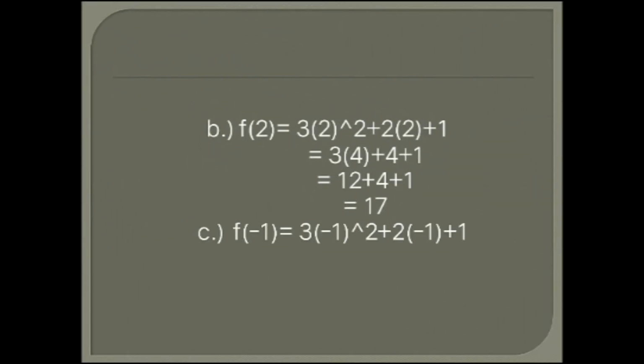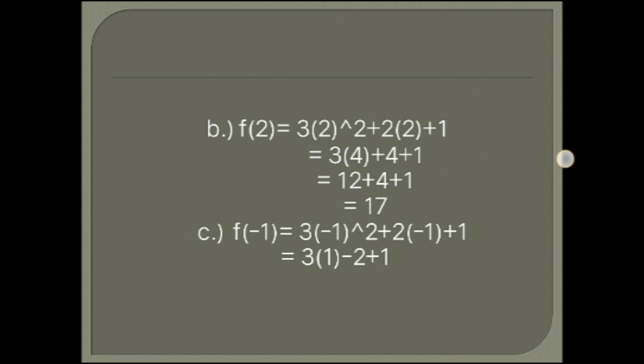Then for our last example, we have to find f of negative 1. I will also remind you to remember the rules for integers if you have a negative input. We substitute all the x's with negative 1, so that f of negative 1 equals 3 multiplied by quantity of negative 1 squared plus 2 multiplied by quantity of negative 1 plus 1. Then solve.